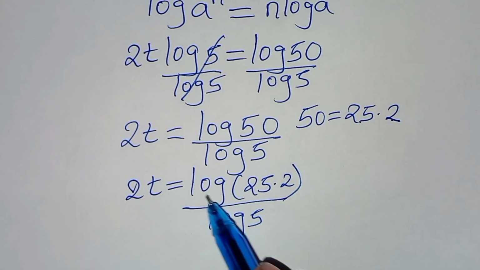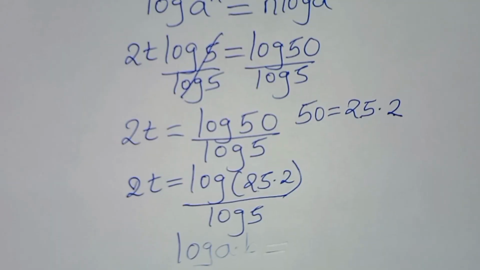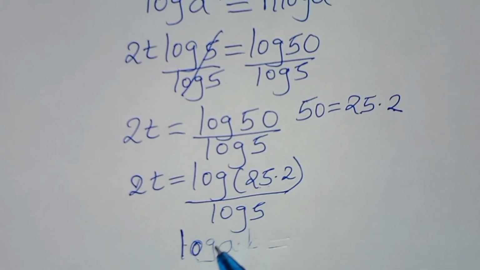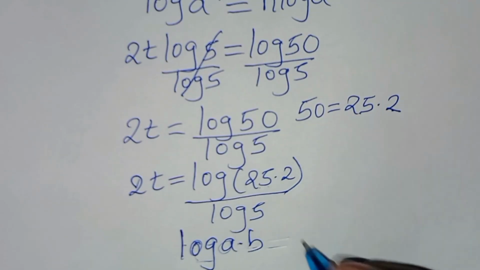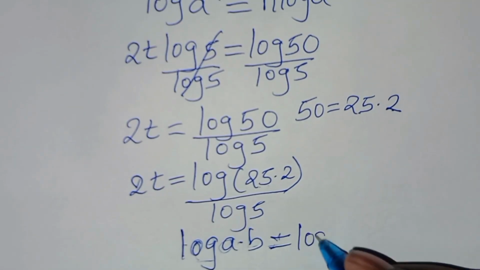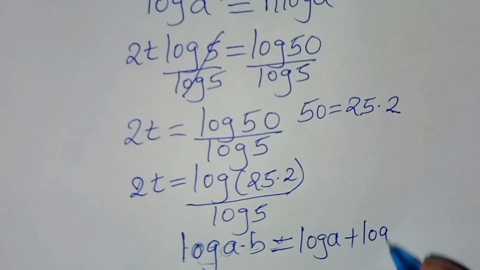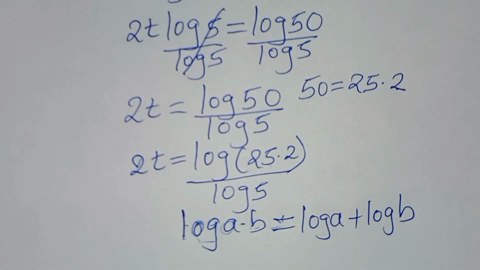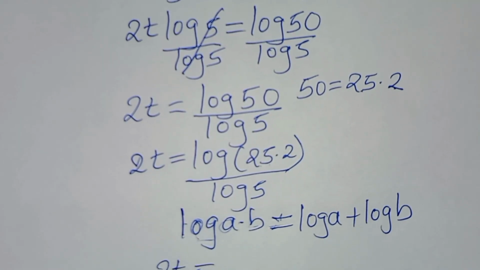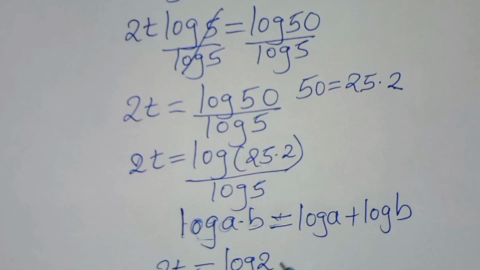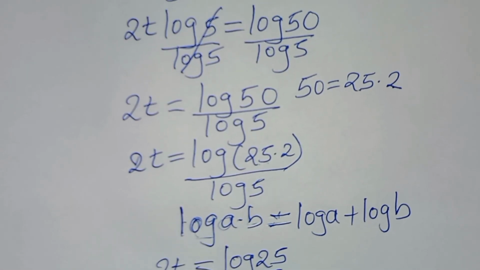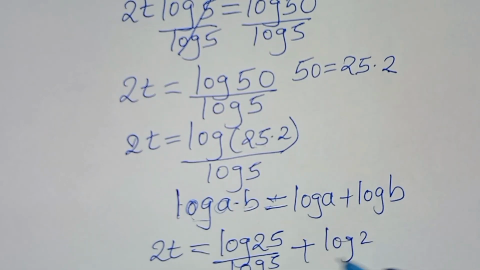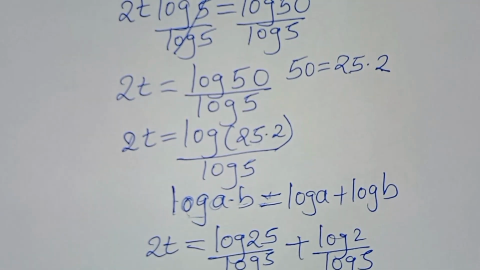So the next step: log 25 times 2 is in the form of log a times b, which we can express as log a plus log b. Applying this logarithm property, now we'll have 2t equal to log 25 divided by log 5, plus log 2 divided by log 5.